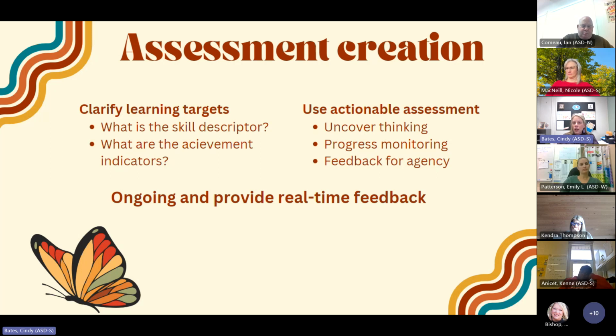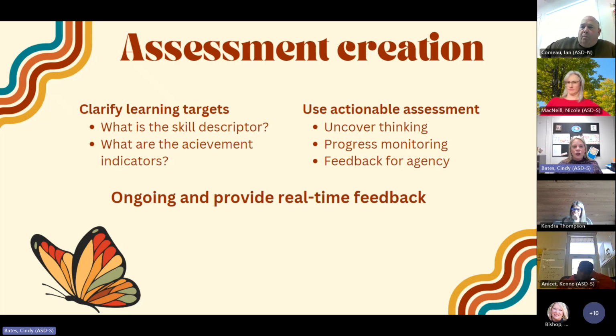We don't teach by projects, and by assessing those, we assess outcomes. And so we have clear learning. We want to make sure that we clarify the learning targets for the student. So we need to know, what's the skill descriptor? What are we assessing, essentially? And what are the achievement indicators?